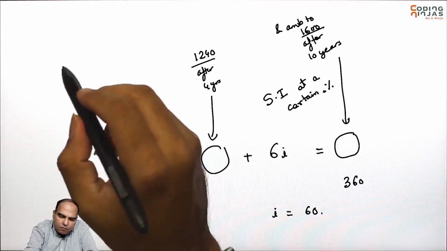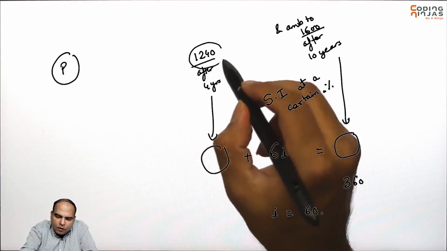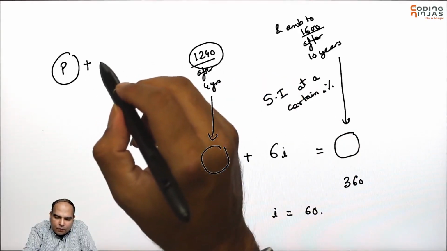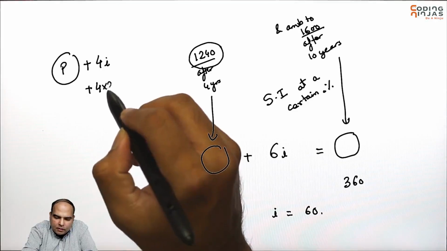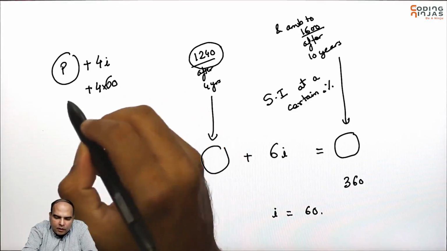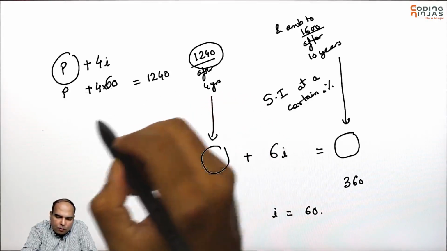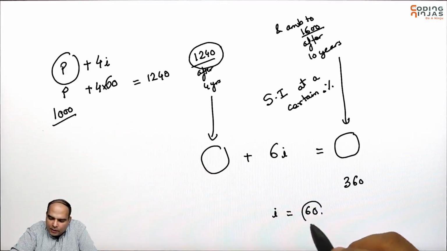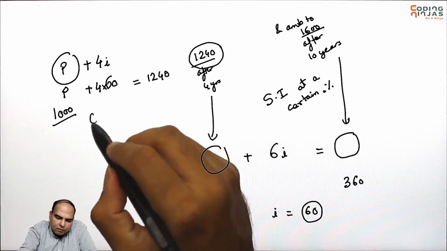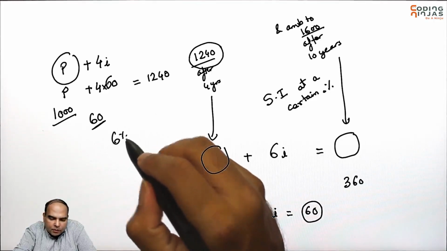And from the principal, getting to the amount in the 4th year will require you to add the interest 4 times, which means you're adding 4 into 60 to the principal to make it 1240, which obviously means the principal is 1000, the annual interest is 60, and with 60 rupees being given as interest on a principal of 1000, the rate of interest here is 6%.